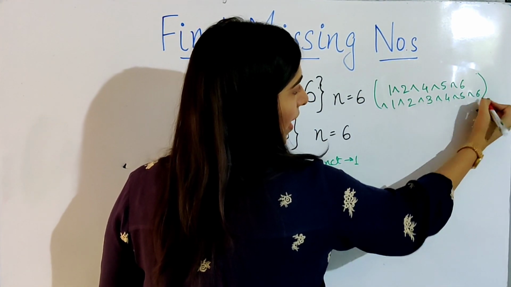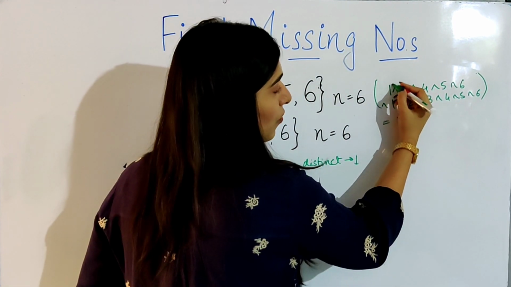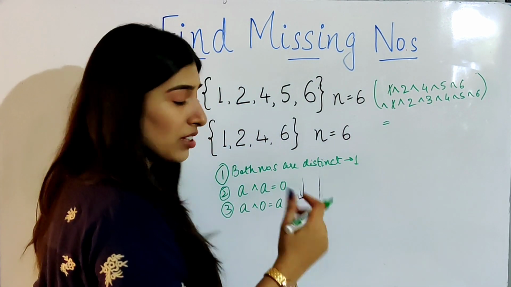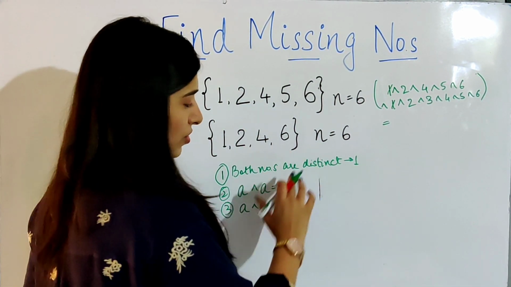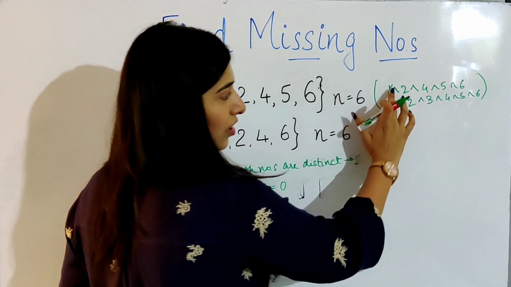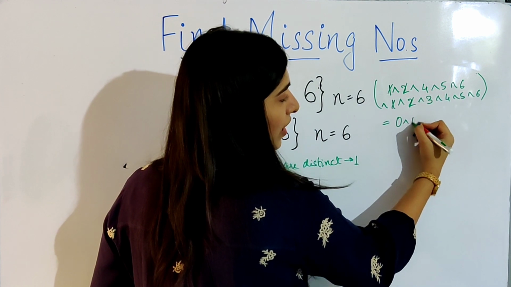If we see this final result, what will it give us? Let's check. So 1 XOR 1, what will be the value? Any number XORed with itself results to 0, so we are going to use the second property over here. 1 XOR 1 will result to 0. 2 XOR 2 will again result to 0.